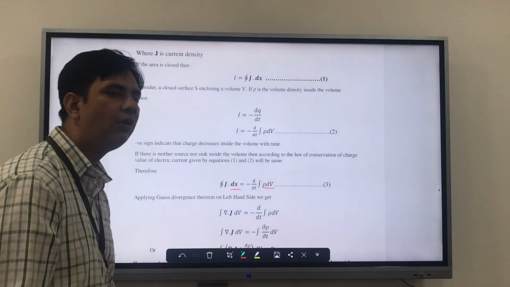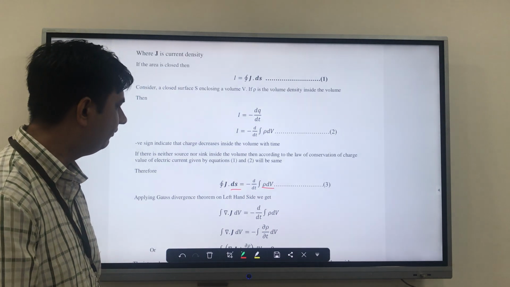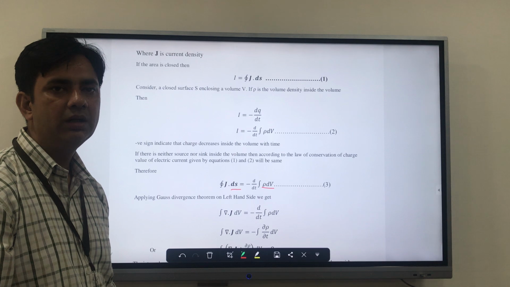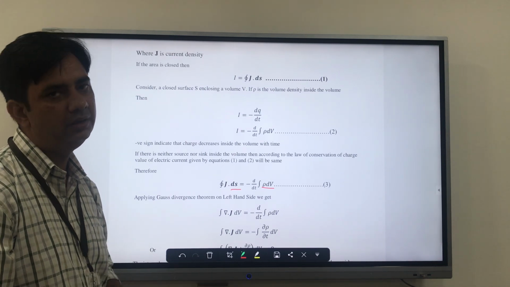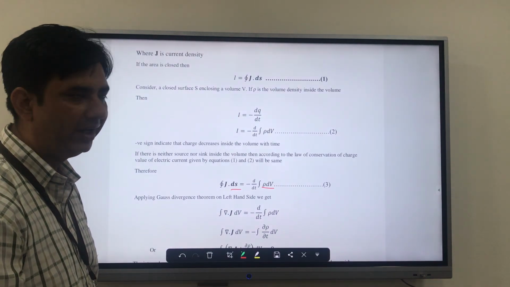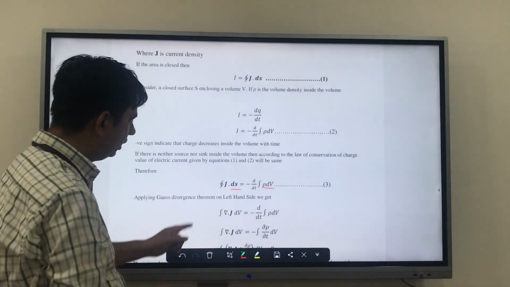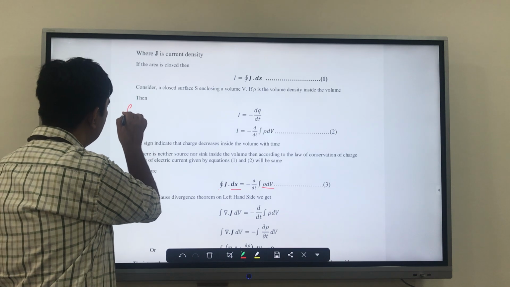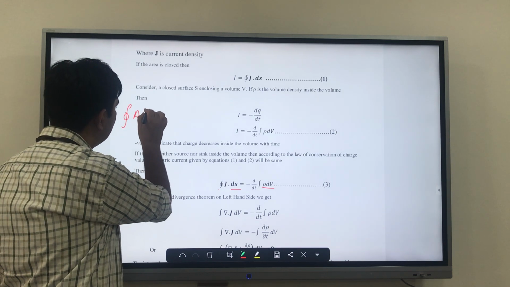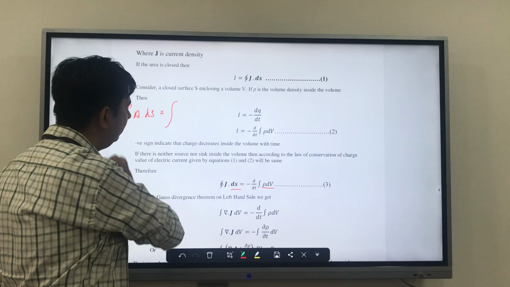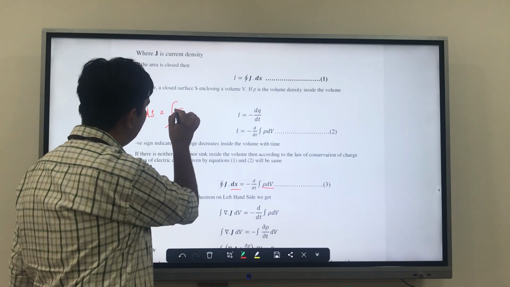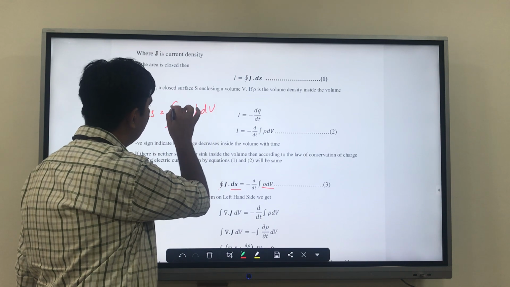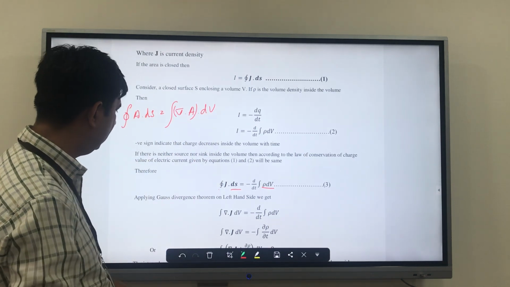And what is the formula? The formula is to take a dot product of del with that particular vector. Over here, for the closed integral of J dot ds, we have learned that the closed integral of A dot ds is equal to the volume integral of del dot A dv. We have learned this.